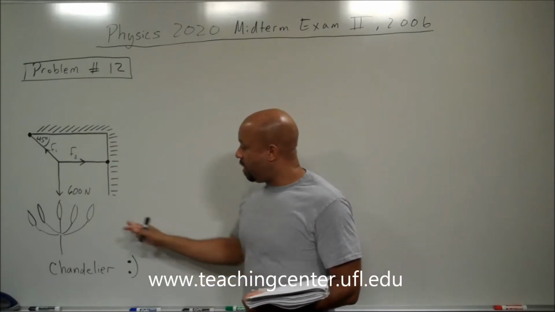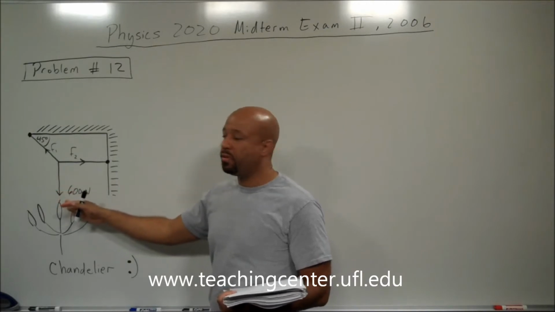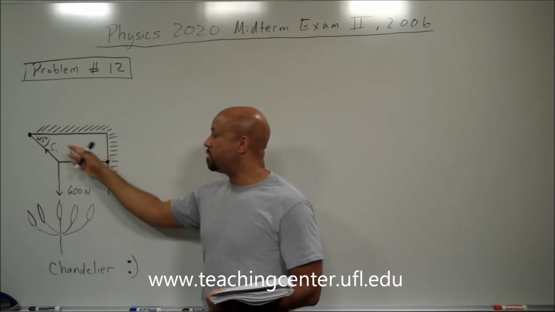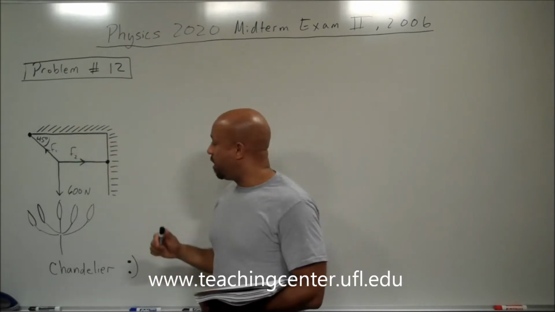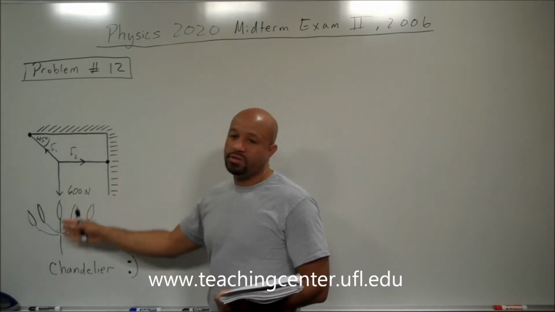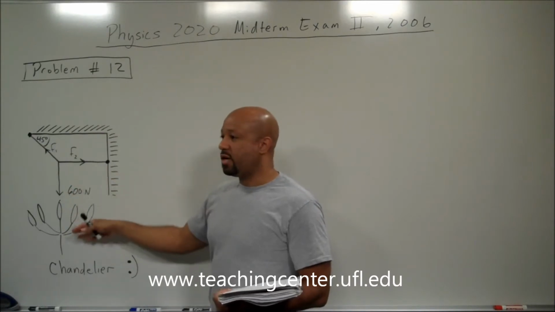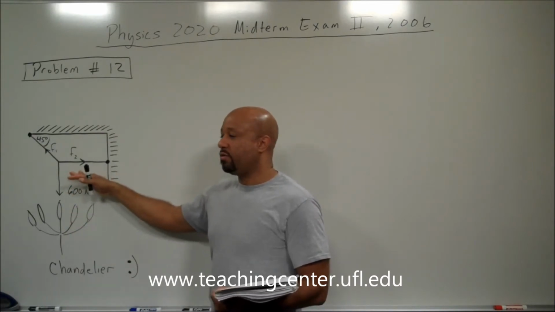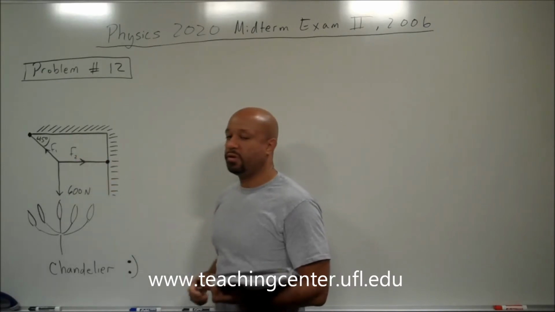And so basically what you have is a chandelier that's attached to a rope, which is attached to two ropes that are attached to basically some structure, probably a wall and a ceiling. The weight of this chandelier is acting down, and it's causing a tension force on these two ropes.